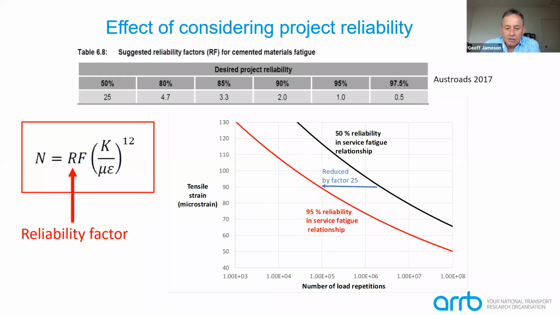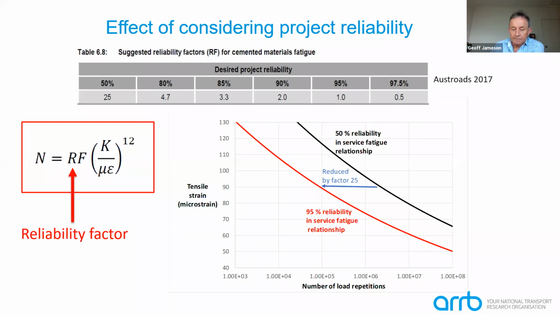And you can see in this graph here the significant effect the reliability factor can have on the predicted life for a given strain. So if we were designing for 50% reliability, as opposed to 95%, it would last 25 times as long. That's what we predict. So the choice of your reliability level for the project has a significant effect on the life that you calculate.